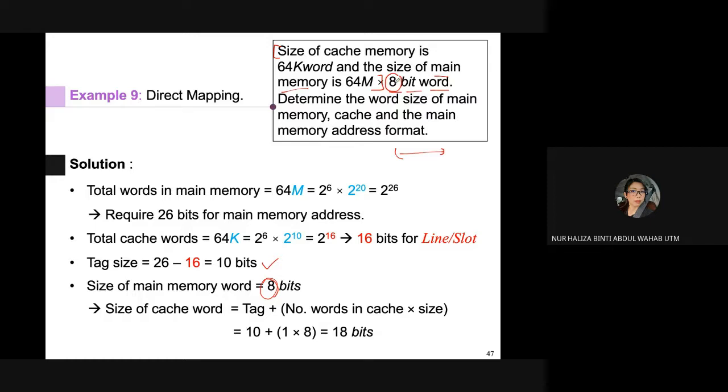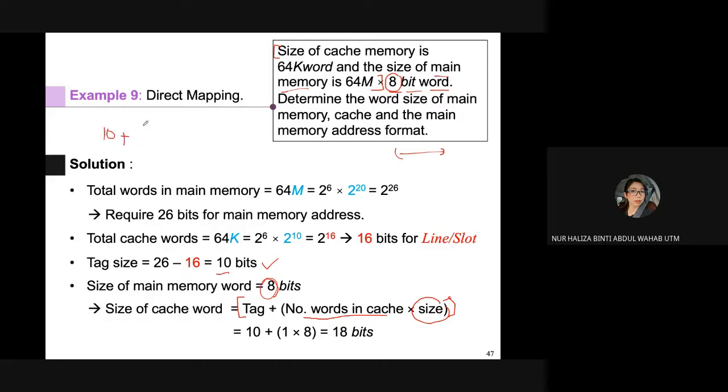This is your memory. And how about your cache words? So cache word, you need to know the equation for you to calculate is tag plus number of words in cache multiplied with your size. So you have the tag of, how much was it, tag 10.